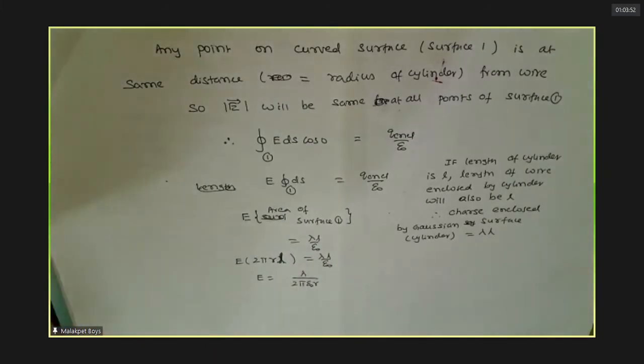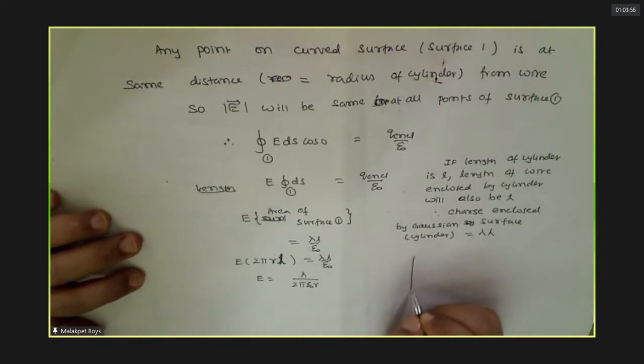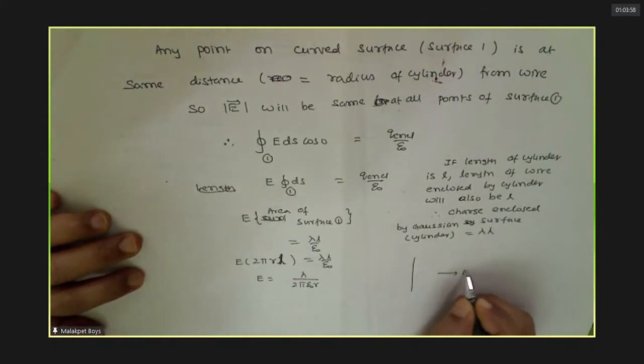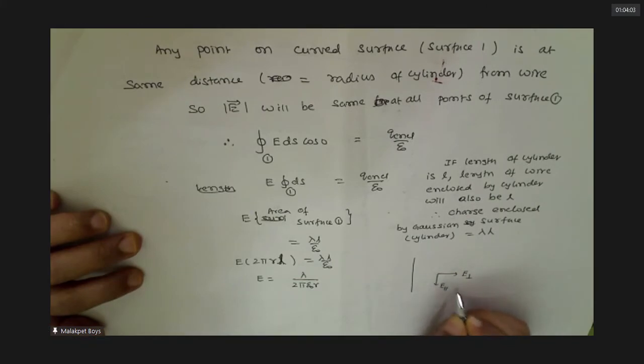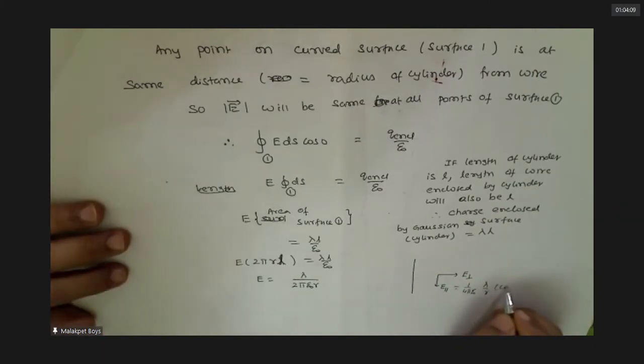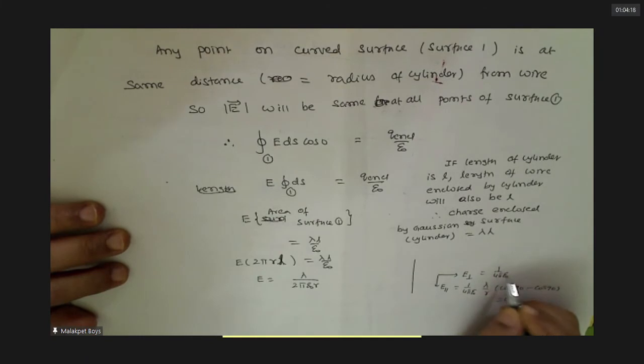Previously you got the same thing or not? See, long wire, what you have? You have only this component, remember? This is 0. Yes, sir. Previously we derived this.